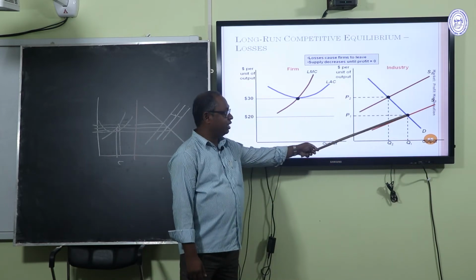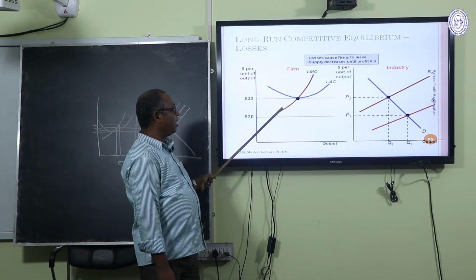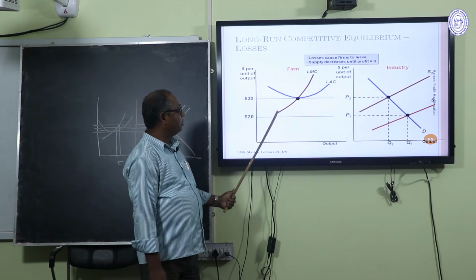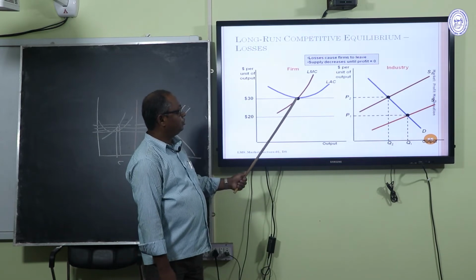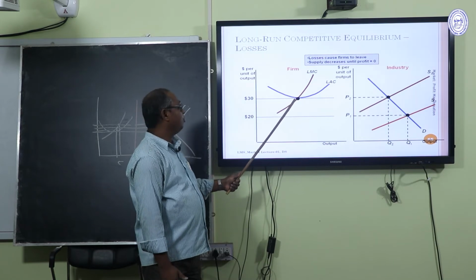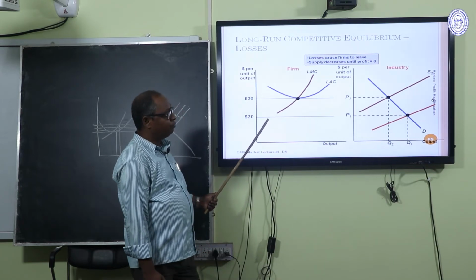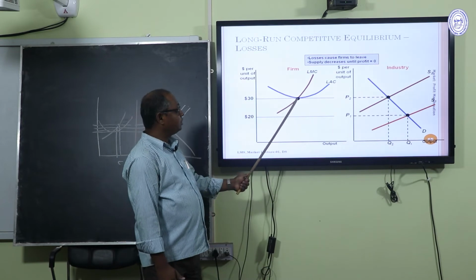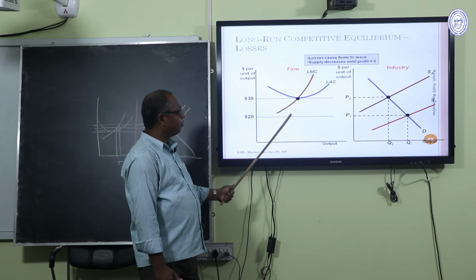Initial equilibrium is here, so each and every firm, if we see here, is making loss, because this is the minimum point of LAC and there is no concept of fixed cost. So every firm is making loss.